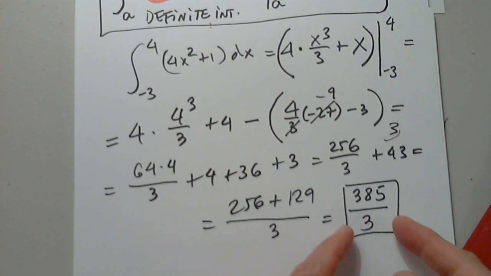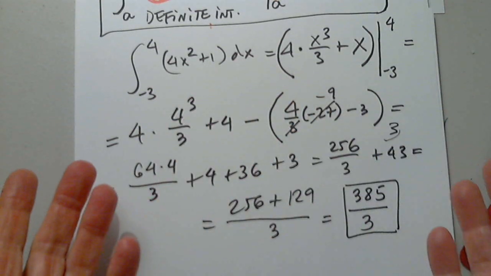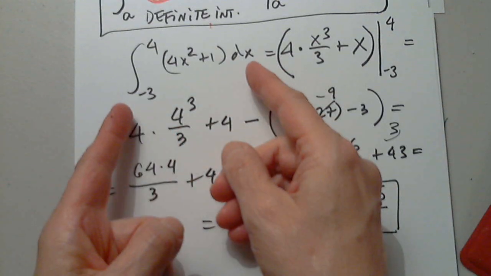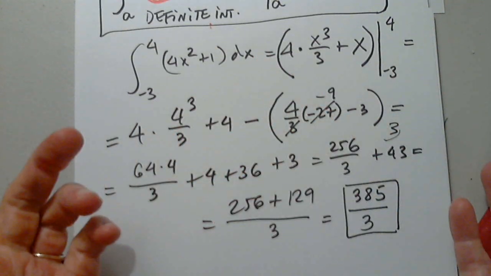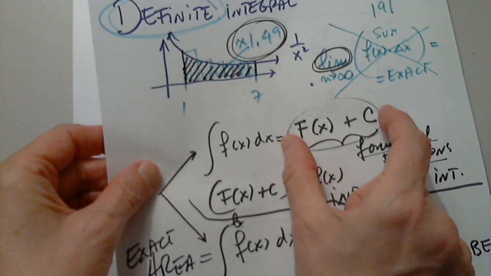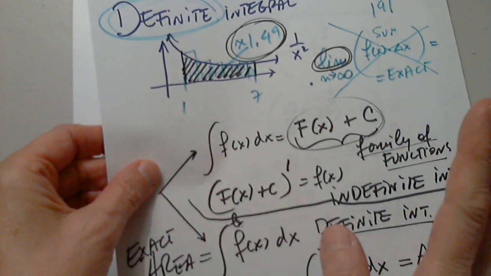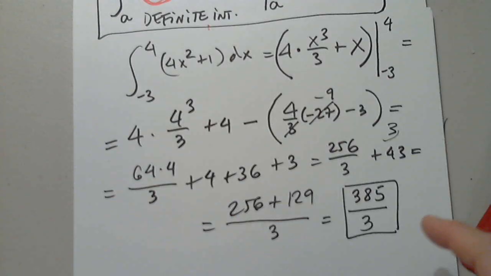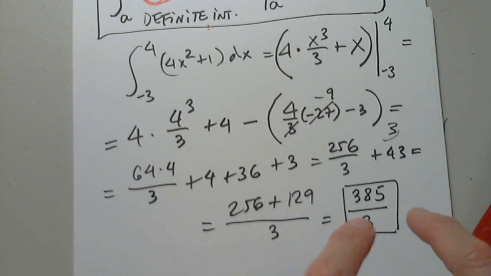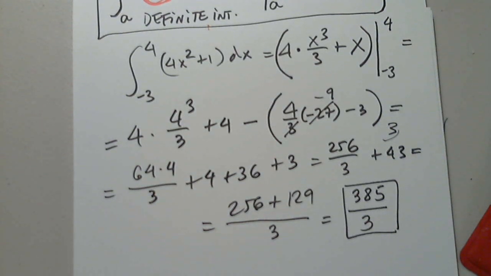I have no way, unless I redo the calculations, I have no way of checking whether this is correct. I can't. Here, can I? Yes. I differentiate this and I have to get this. If I don't, this is wrong. But here I cannot. However, I do have a calculator to check this number. So here's how we do it.